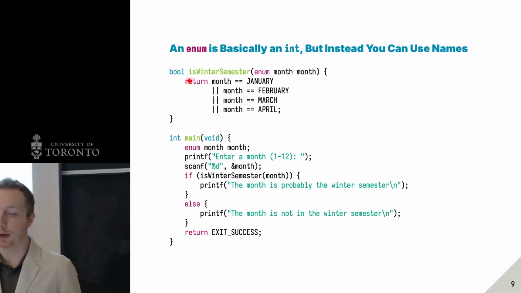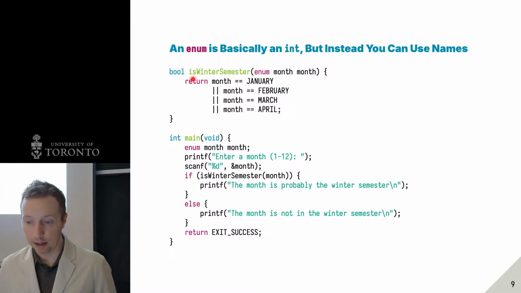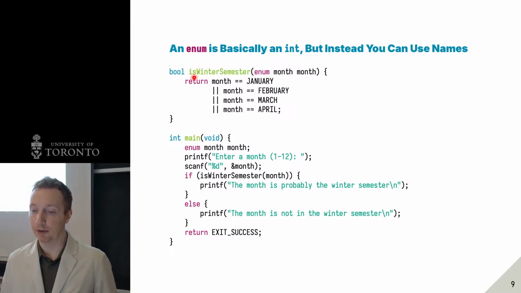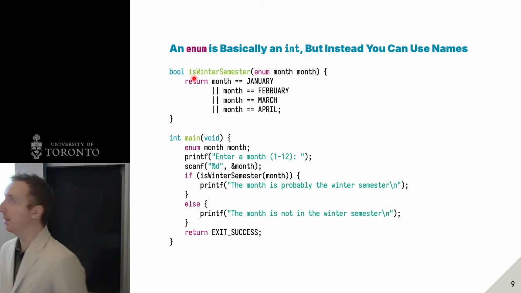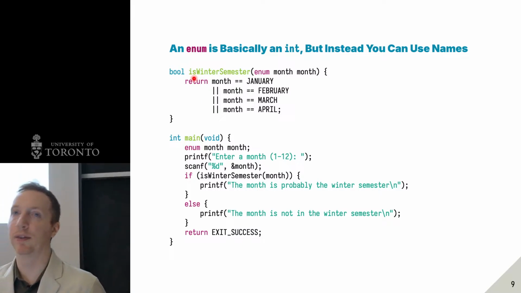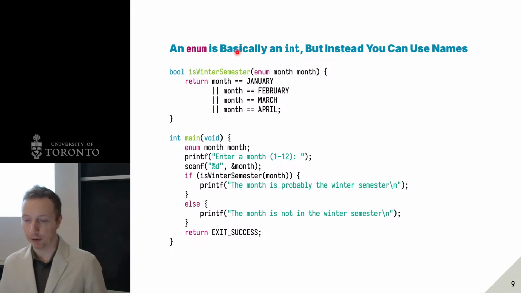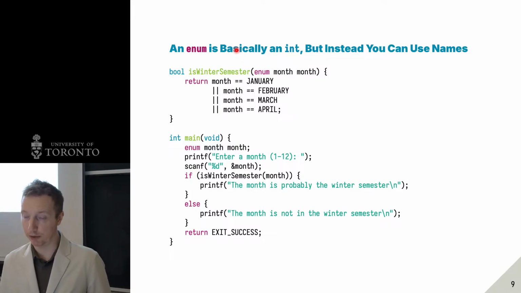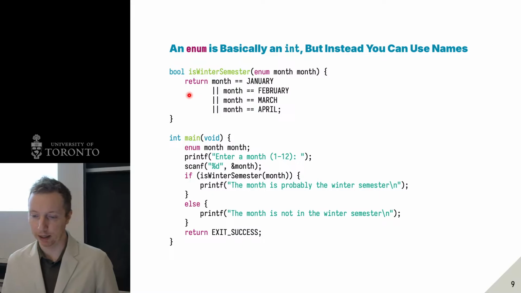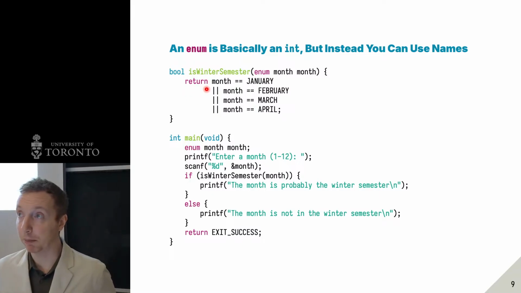So if I wanted to write a function that says, hey, is this month in the winter semester? Well, if I didn't use an enum, I would have to remember all of the months and what their numbers are. And I don't know about you, but I took way too long to figure out what month number May is. So instead, you could write it like this, which might be a bit easier to read.